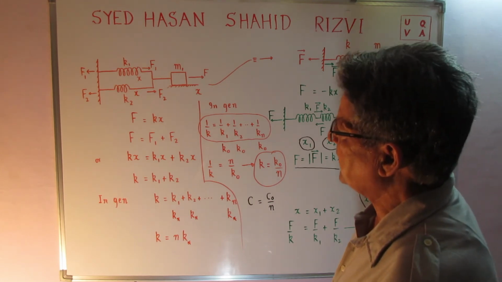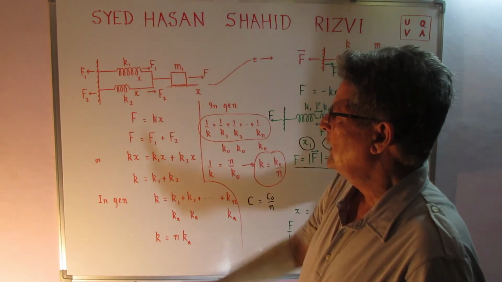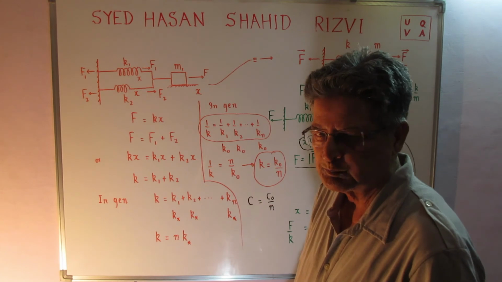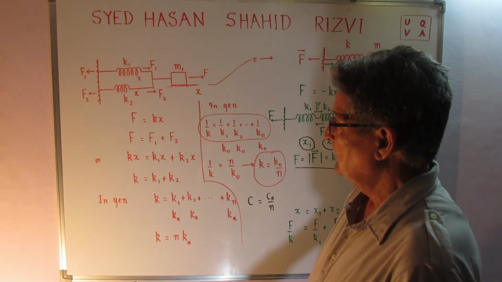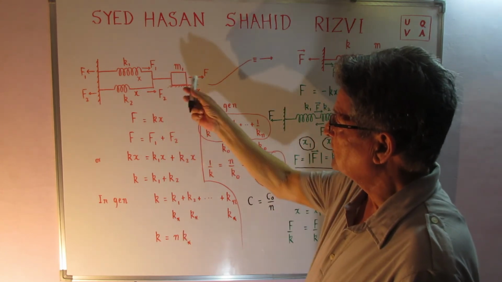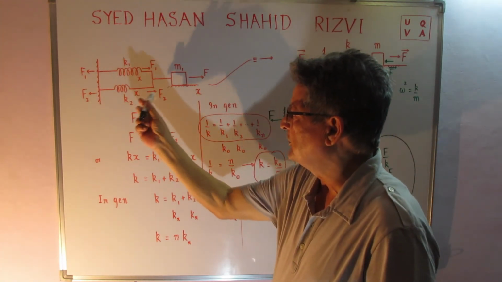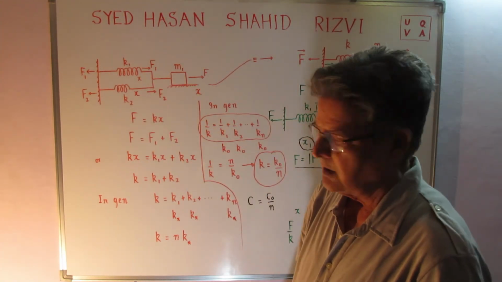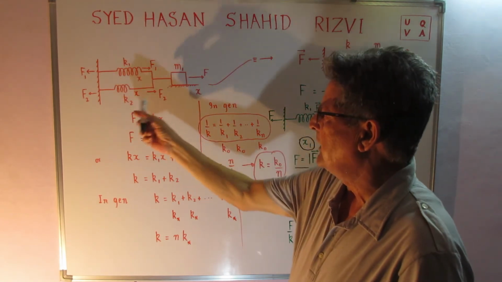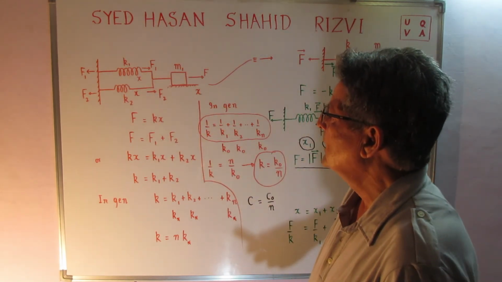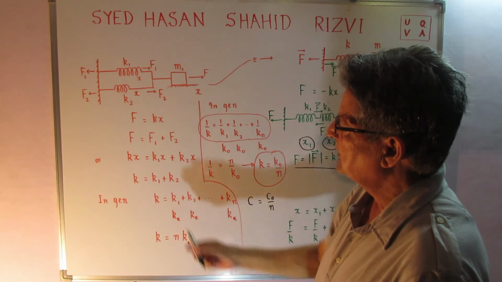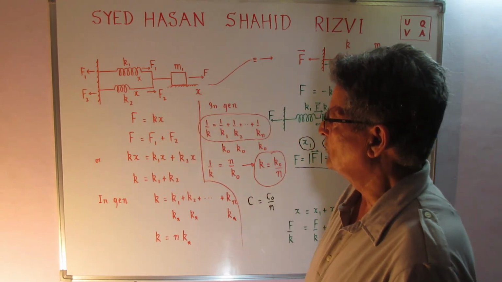Next, let us take two springs in parallel. When the springs are in parallel and a force is applied to the two springs, the force is split into F1 and F2. Therefore again we write F is equal to F1 plus F2.